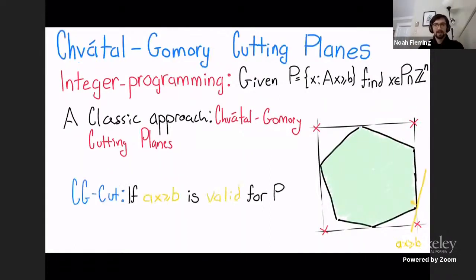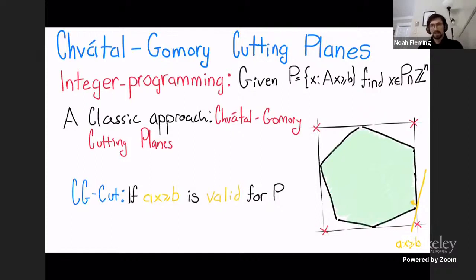To define that, I'll need the notion of a CG cut. I'm going to say that a half space is valid for a polytope if every real solution in the polytope satisfies the half space. So here, this one in yellow on the right is a valid half space.